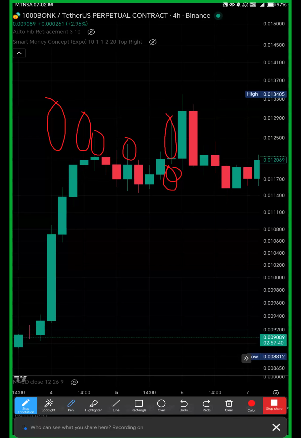Can you see? The buyers were being resisted by sellers. Whenever they try to push the price up, the sellers come in and push the price back, until buyers lost control.